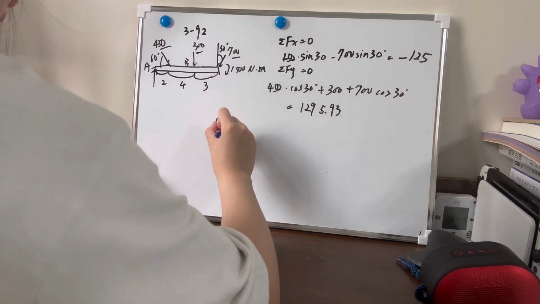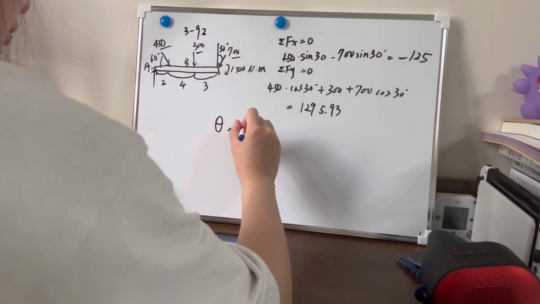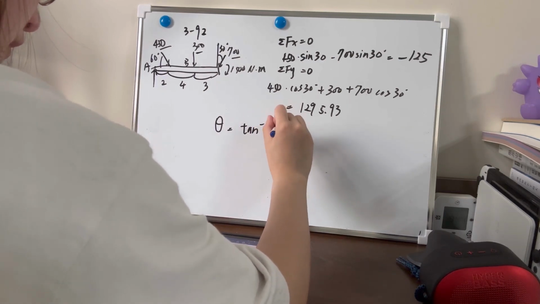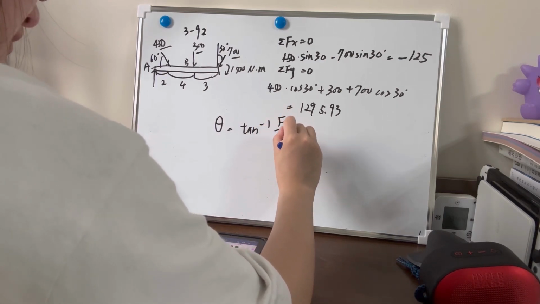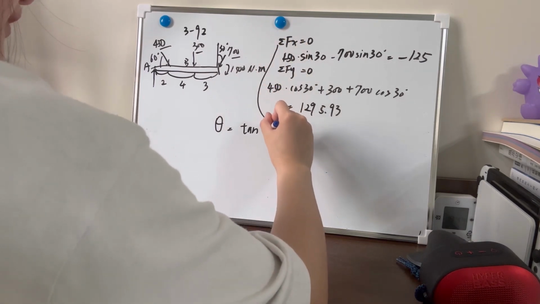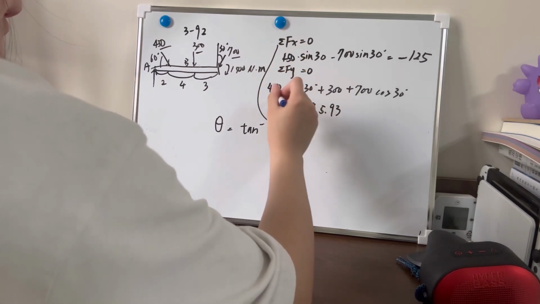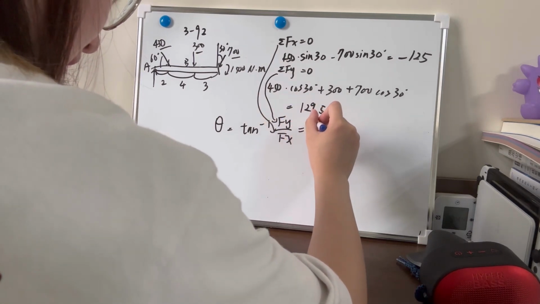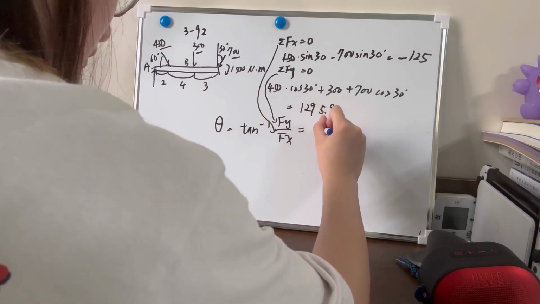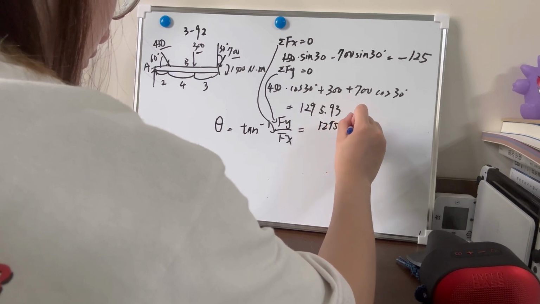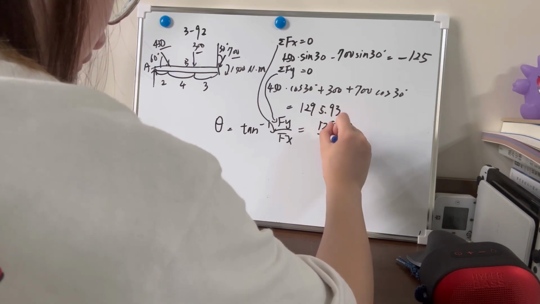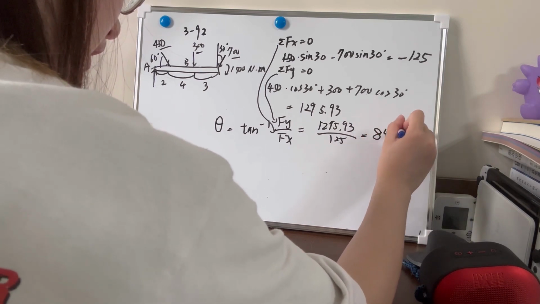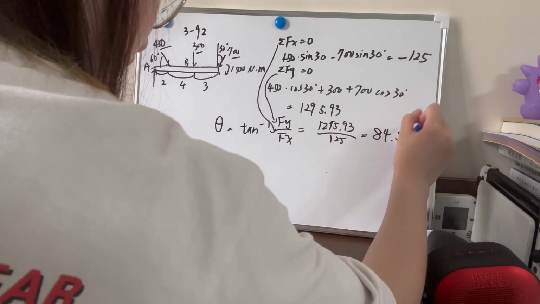So we know the force here, and now we have to calculate the theta angle. So we know the function is like that, Fy and Fx, and F here and Fy here, and it's 84.5 degree.